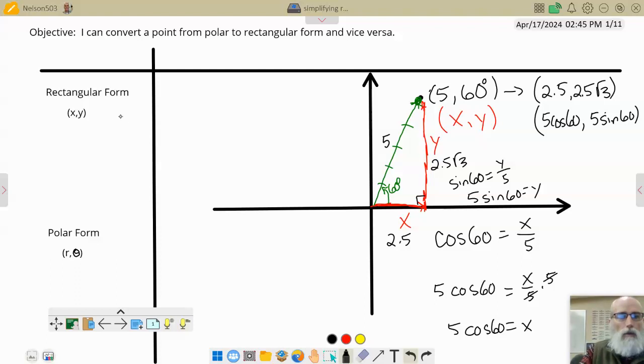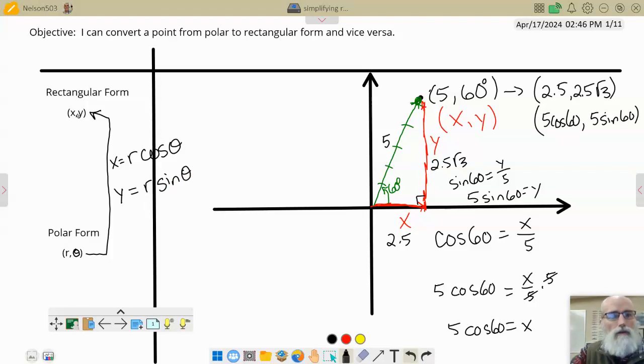So let's think about a way to convert every single time from polar form to rectangular form. What you want to do is, the X component is going to equal R times the cosine of theta, and the Y component is going to be R times the sine of theta.